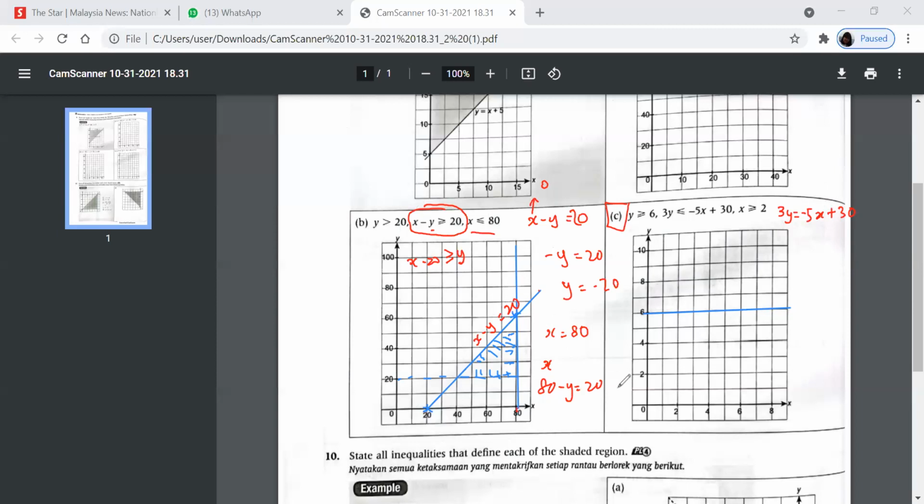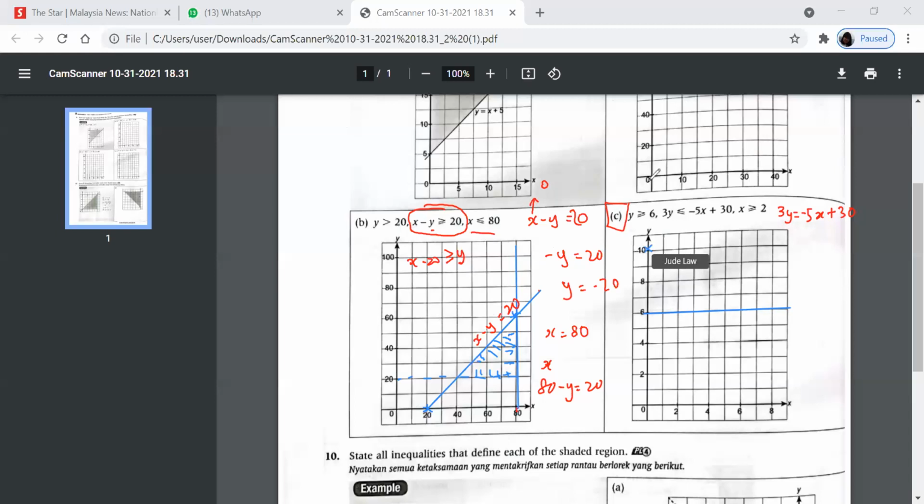Easiest is what? x is just 0, right? When x equals 0, what is y? y is 10. Okay, so mark the point 0, 10. x is 0, y is 10. Good.